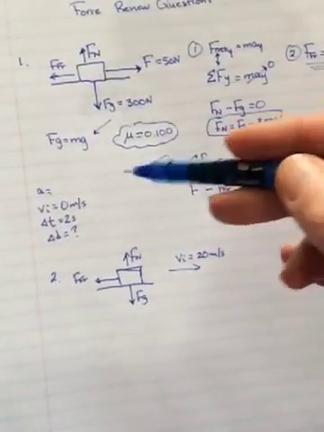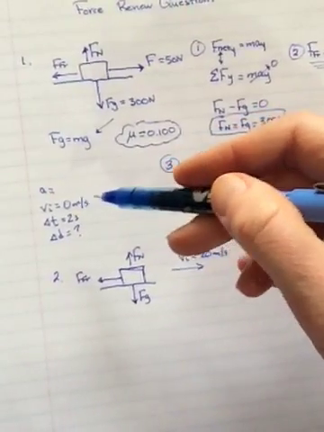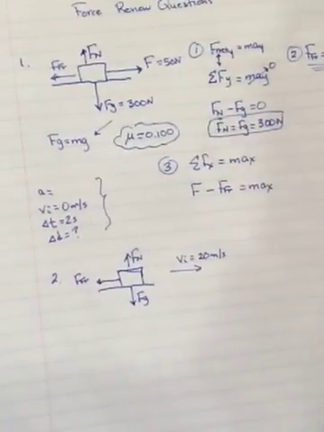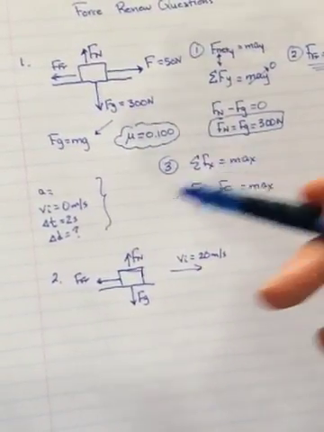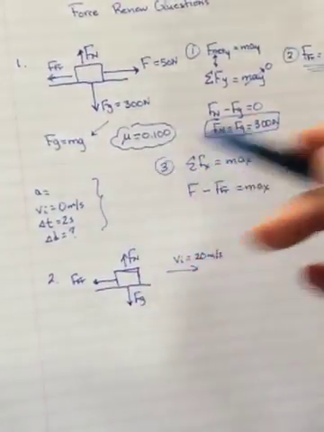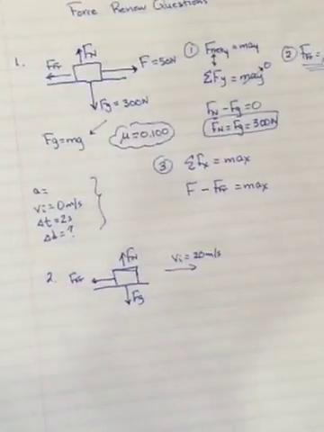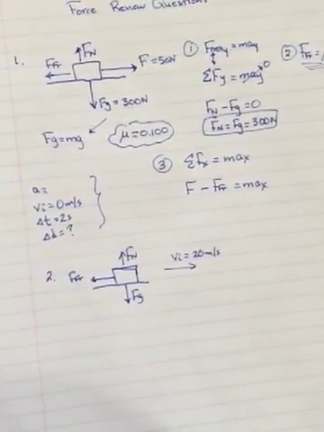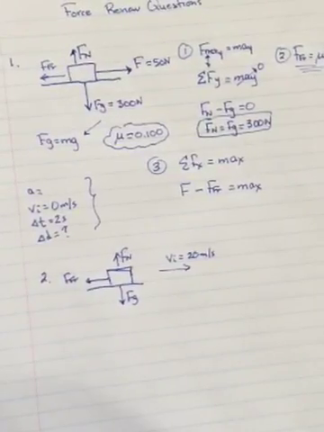You do have to use some kinematics in here, but that's okay. You can handle that, right? So if you're given a distance and a time or whatever, you might have to find the a before going on, or after you get the a, you might need to find the delta d. Okay? So give them a try. If you have any issues, post in the group, and then I'll tell you some more things. Okay? Thanks.